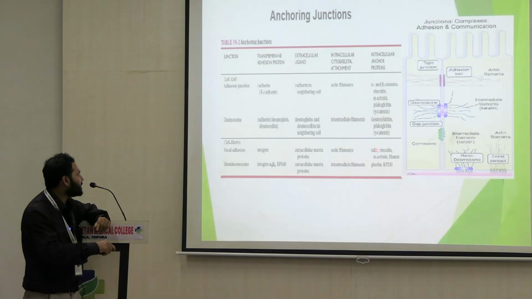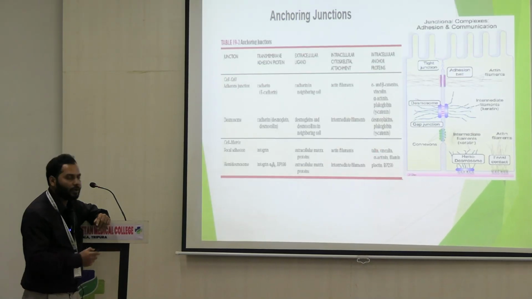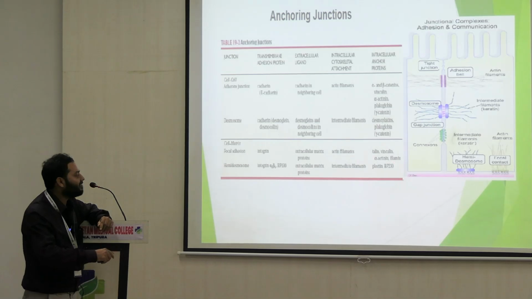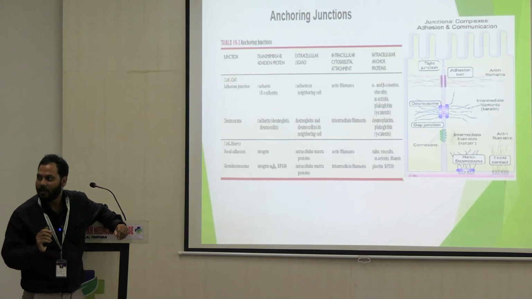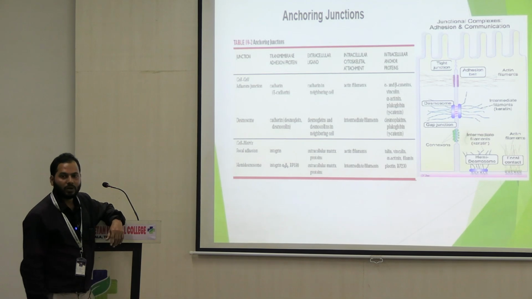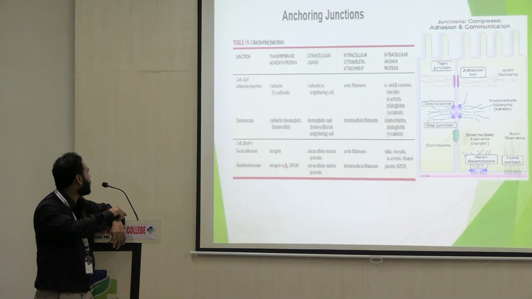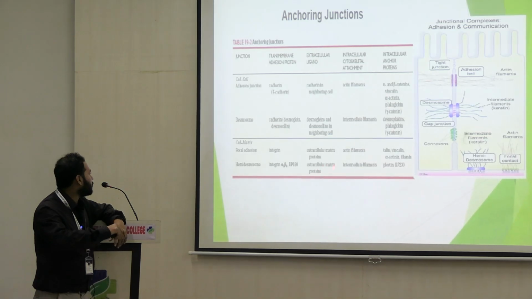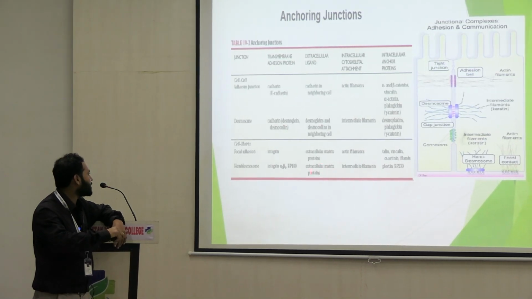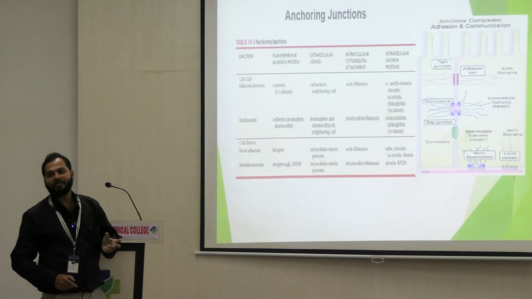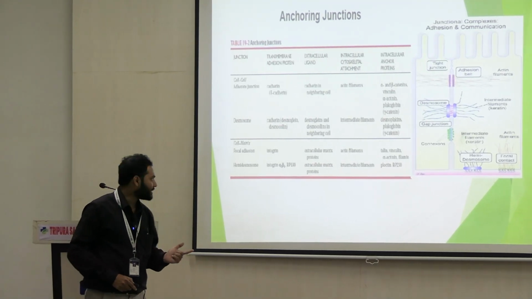So what are the adapter proteins? Talin and vinculin are the most important ones. Other than this, alpha actinin and laminin also act as adapter proteins. In the case of hemidesmosome, these are transmembrane proteins like integrin, which also form connections with the extracellular matrix proteins, and it is attached to the intermediate filaments present inside the cell.